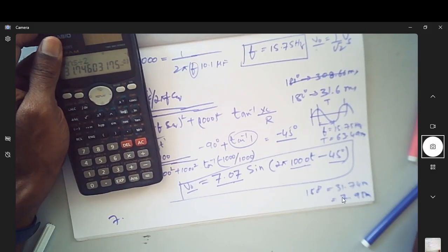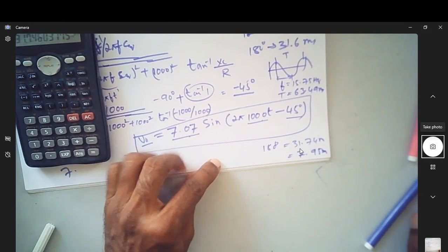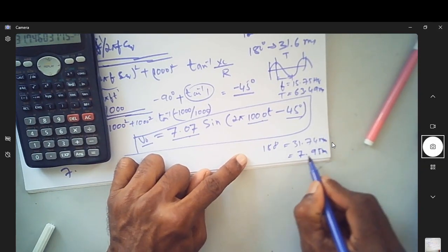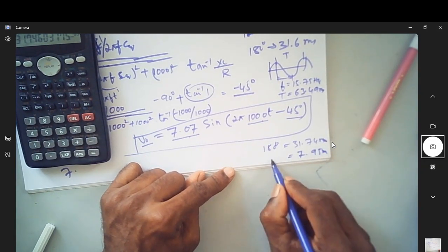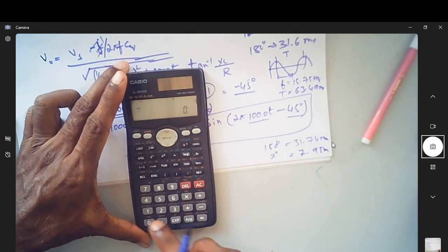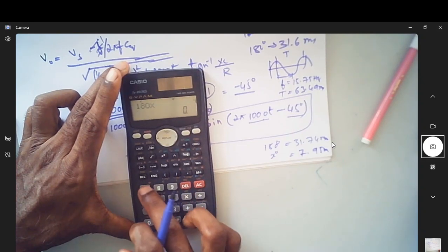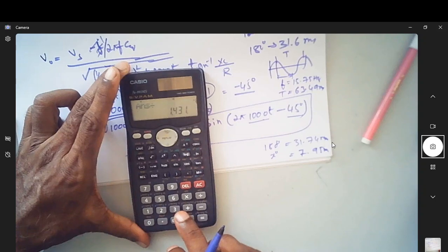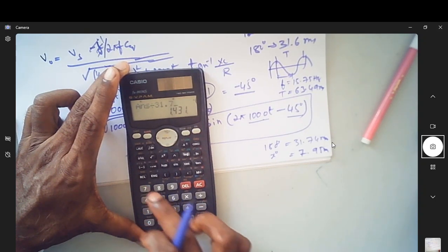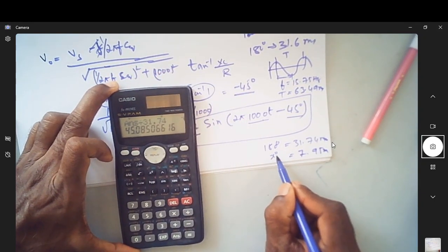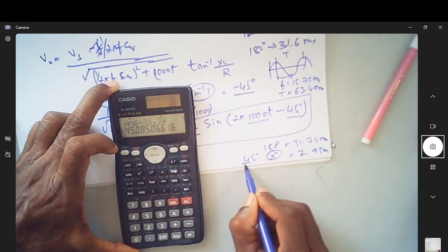What I am trying to say is a 180 degree phase shift corresponds to 31.74 millisecond. So 7.95 millisecond corresponds to what phase shift? That's very easy. It's 180 into 7.95 divided by 31.74. Can you see it is 45 degrees?